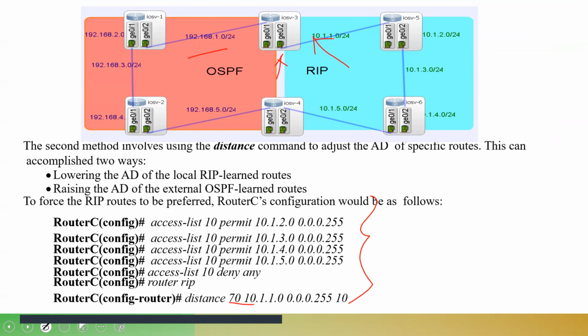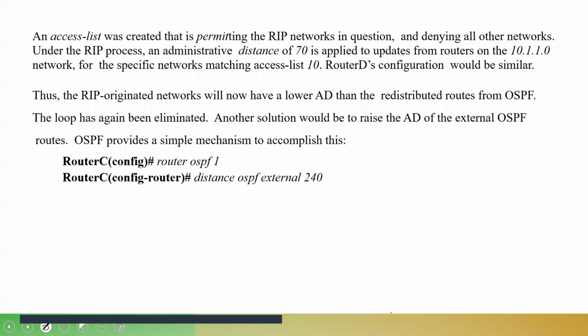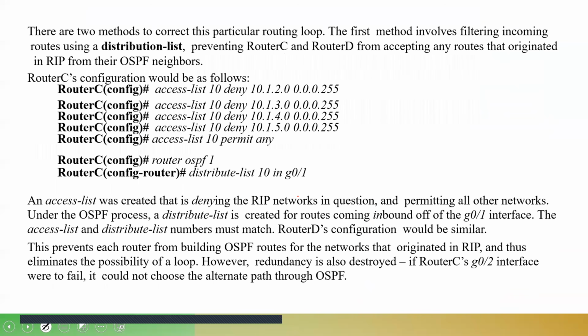That means it will install the RIP route, because we are changing the AD here. Or maybe we can increase the OSPF external AD value to more than 120. Okay, so these are the methodologies we have.